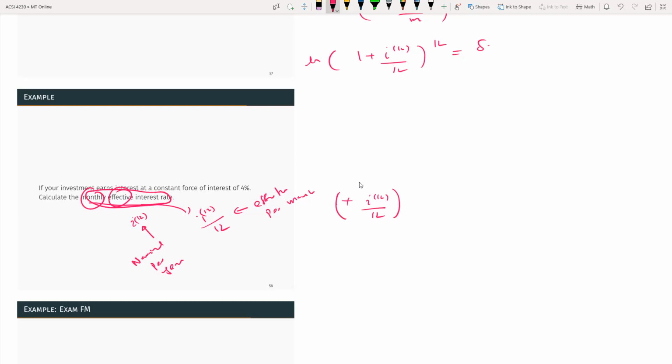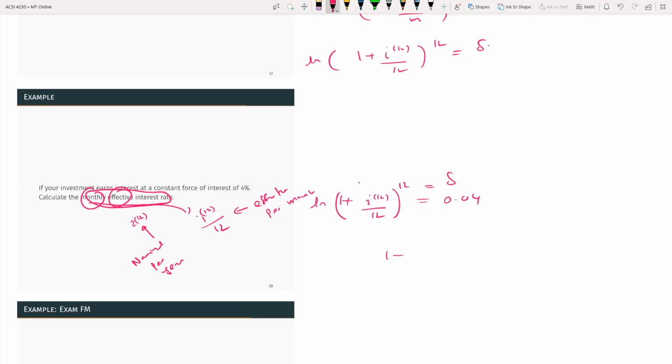So the log of this is going to be 0.04, which is delta. So now you are solving for i(12).